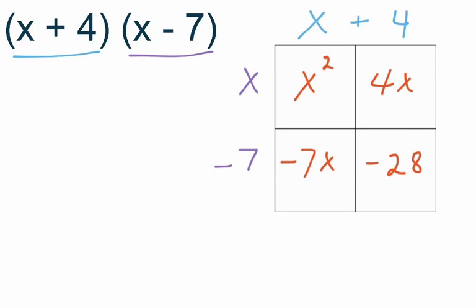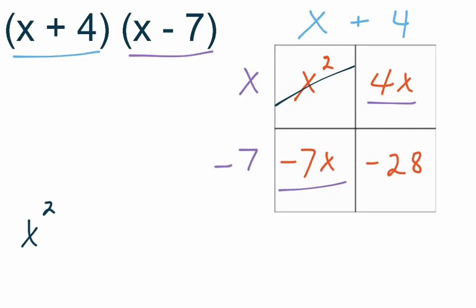This is where we combine like terms and we get this thing knocked out. So we're going to start with our exponents. X squared, I only have one, no real like terms here, so I'm going to just put x squared to start off my expanded form answer here. I got my x squared done. After that, look at these x terms. I've got a 4x there, and then a negative 7x.